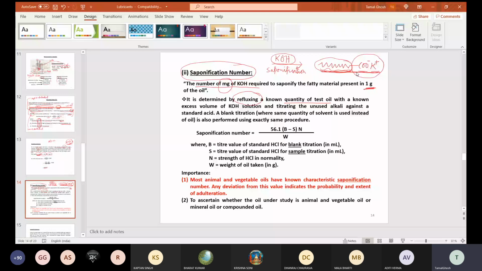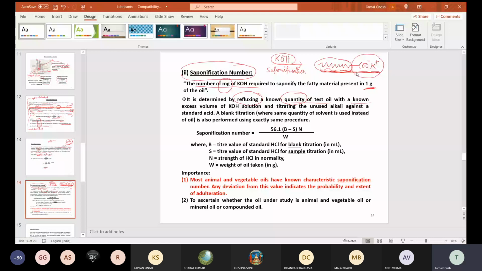It is called reflux. This is refluxing a known quantity of test oil, a certain quantity, how many grams are taken, that you have to note down, with a known excess volume of KOH solution. It will be in excess, but it should be known.